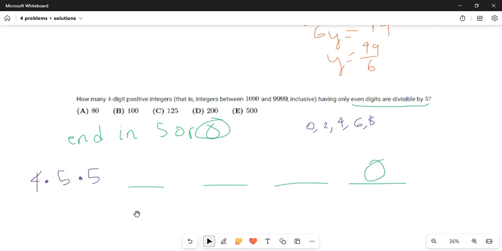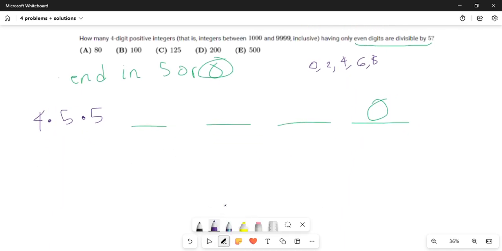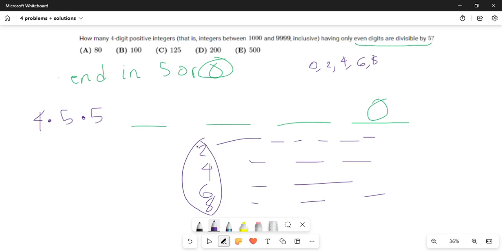And the reason why we're going to multiply these together is, you have 4 choices for the first digit, like 2, 4, 6, 8. And for each of those, you're going to have 5 choices for the next digit, and so on. That's why you do 5 times the 4 here.